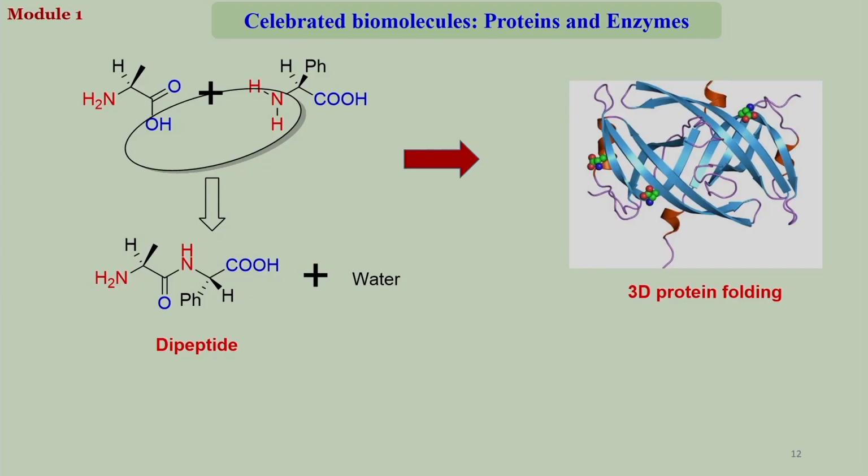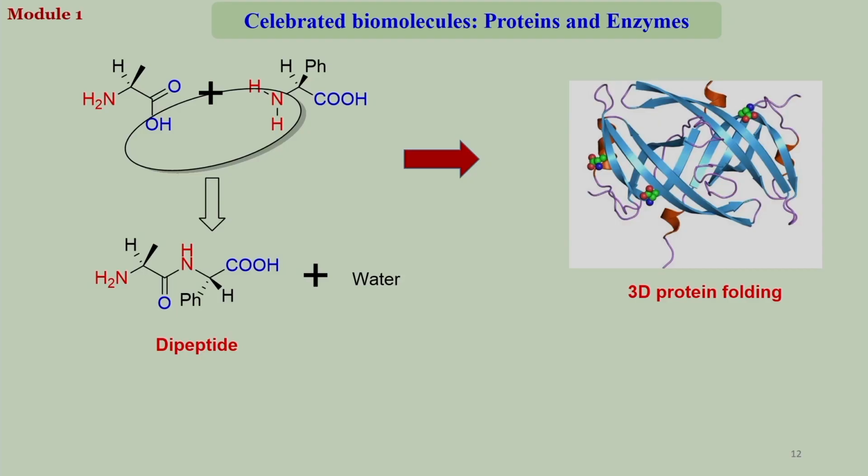Another very important biomolecule is of course the protein. These are protein, DNA and carbohydrates, long chain carbohydrates. These 3 are the large biomolecules or polymeric biomolecules that we will be mostly discussing in this course. Protein is formed out of amino acids.